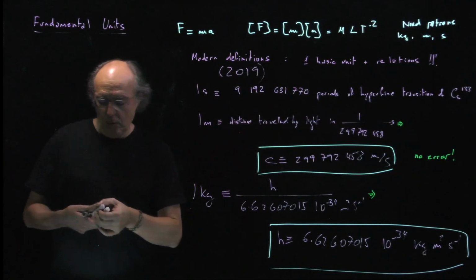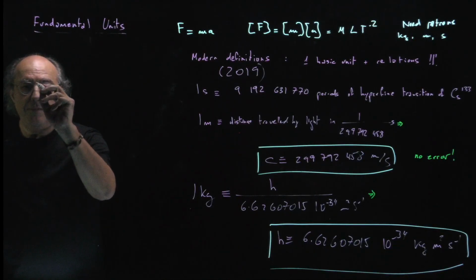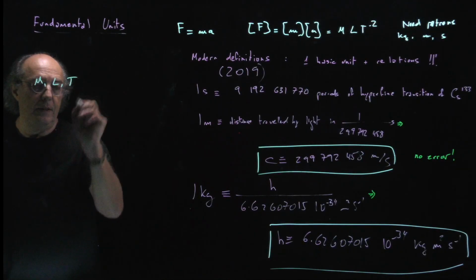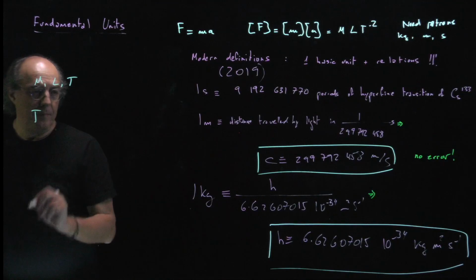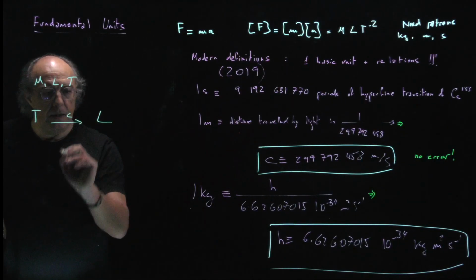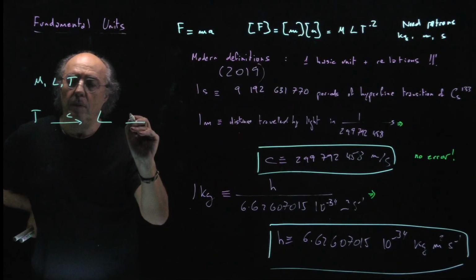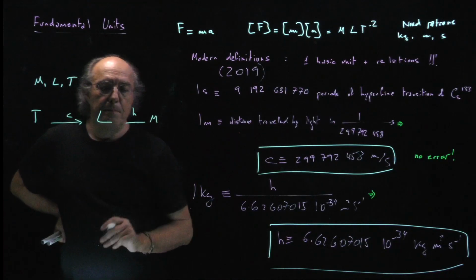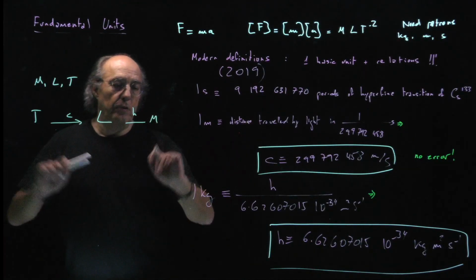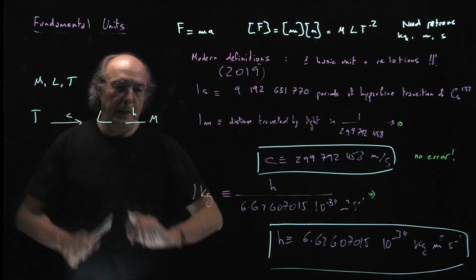So let me go back to the equations of Newton. If I have M, L, and T, and I define T, and then I define L through c, and then with both of them, I go with h to mass, and there are no further relations. And we have used relativity and quantum mechanics.